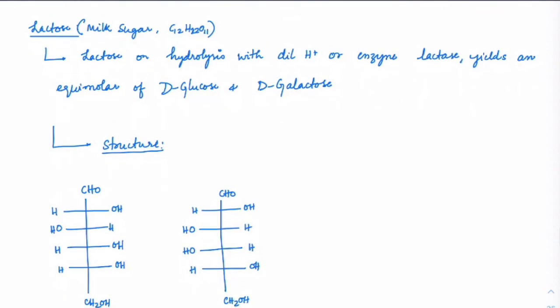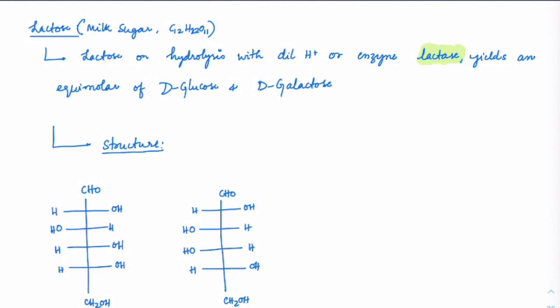Next, lactose, what we see in milk. The milk sugar is lactose. Lactose on hydrolysis with dilute H+ or the enzyme lactase, here we use lactase, yields an equimolar mixture of D-glucose and D-galactose, which means it was combined from glucose and galactose. So let's see its structure, how it looks.